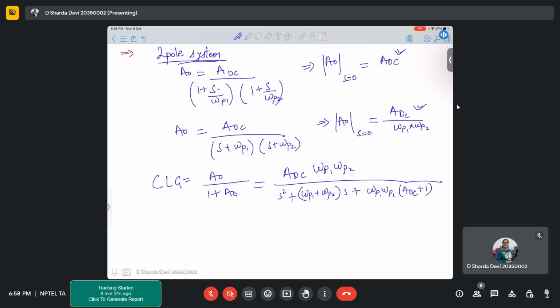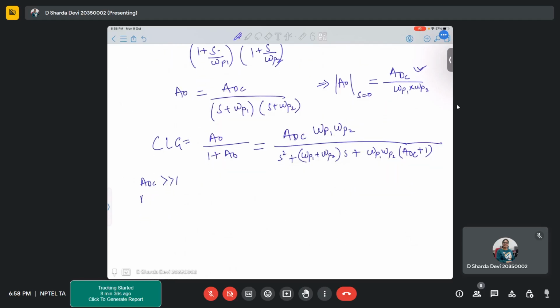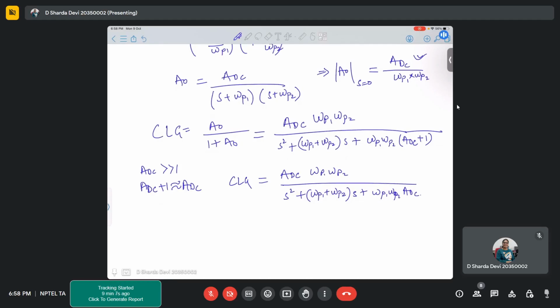Now we know that ADC is much greater than 1, so we can write ADC plus 1 as almost equal to ADC. So the closed loop gain that we get finally is ADC omega P1 omega P2 upon S square plus (omega P1 plus omega P2) S plus omega P1 omega P2 ADC. So this is the final transfer function that we get.